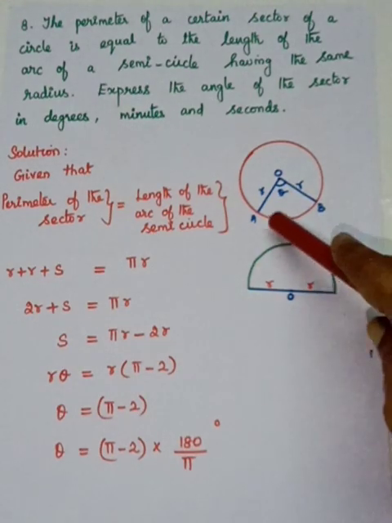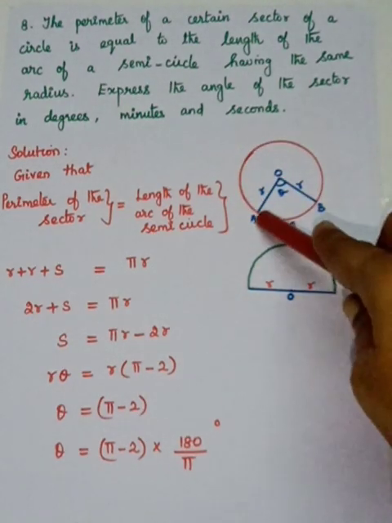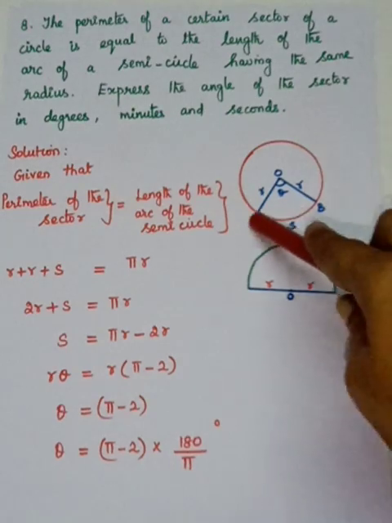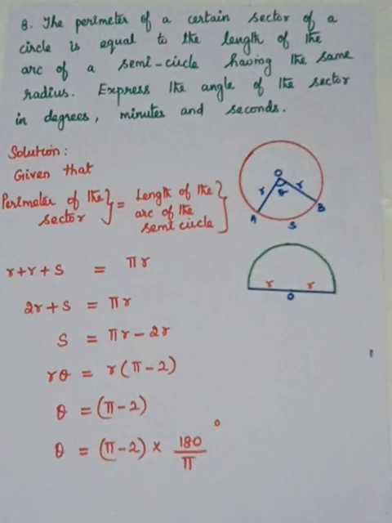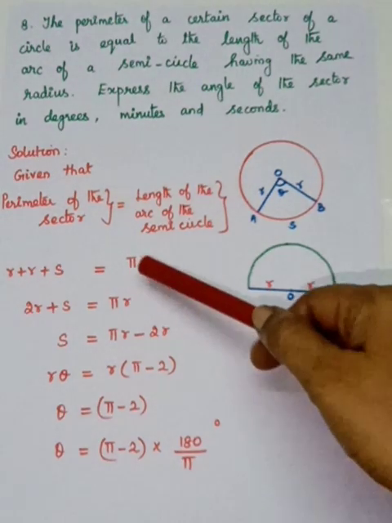If you take the full circle, the circumference of the circle is 2 pi r. But here it is a semicircle, so 2 pi r by 2, that is half of 2 pi r. So 2 pi r by 2 is pi r.